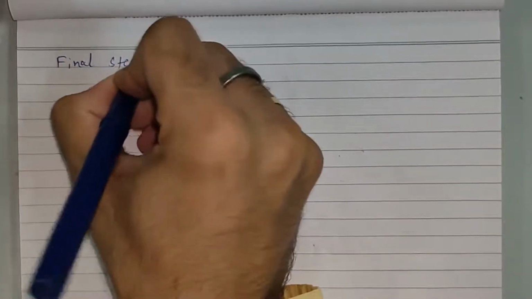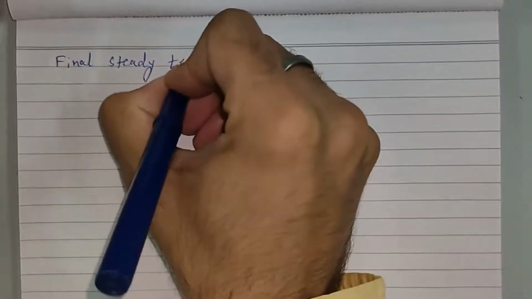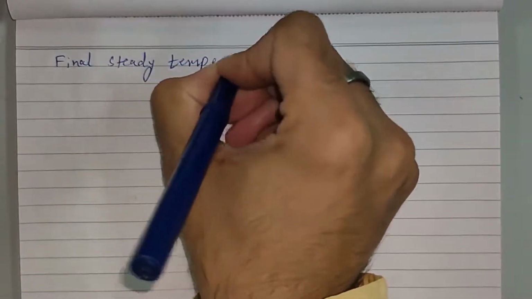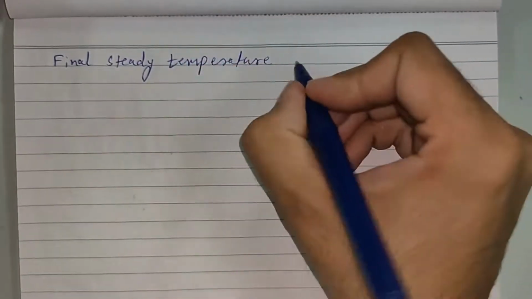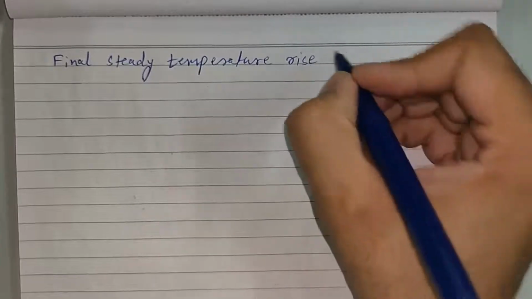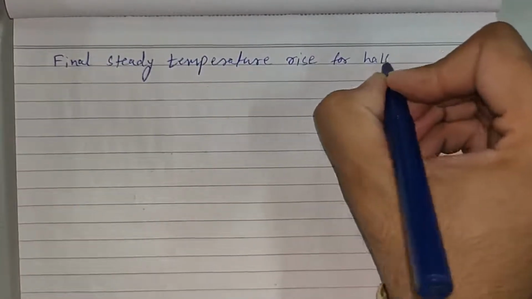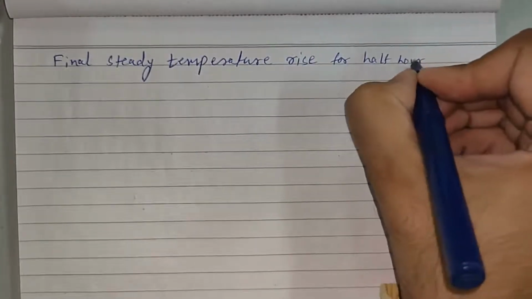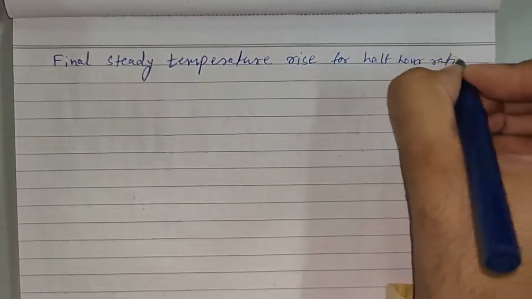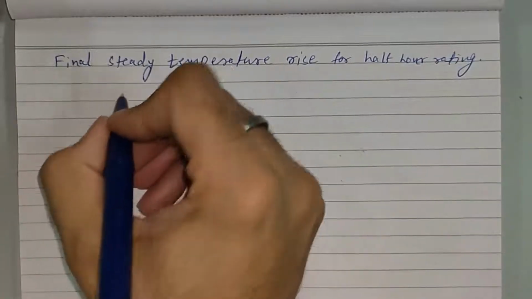So here we can find the final steady temperature rise for half hour rating with the same formula.